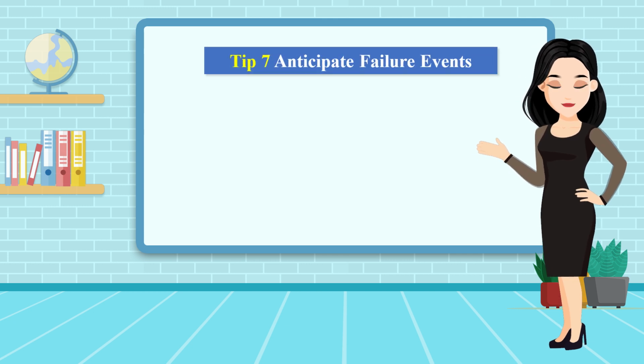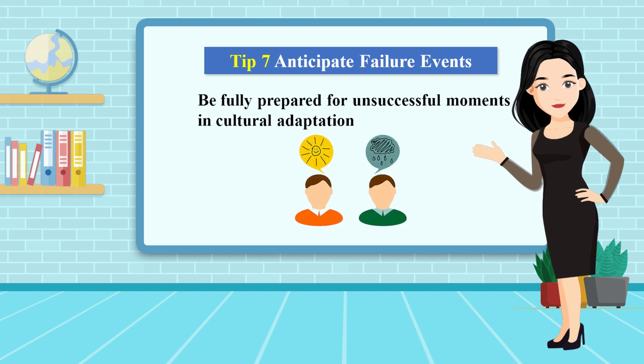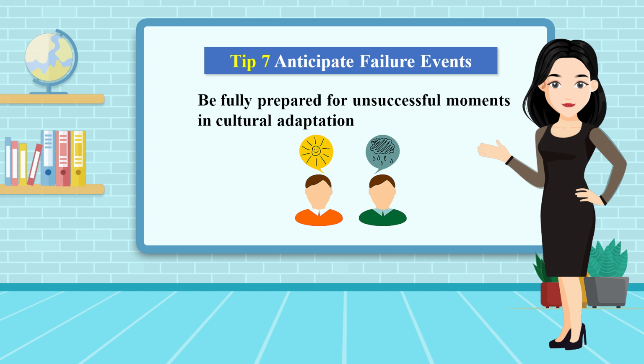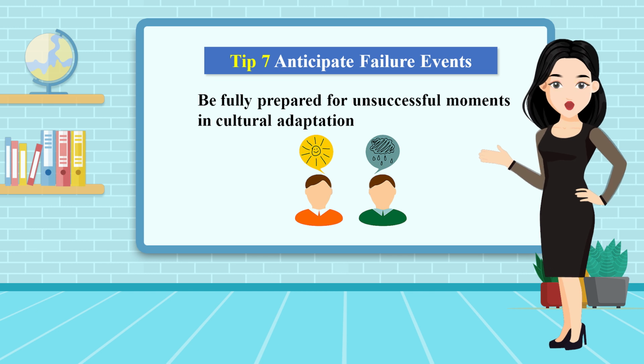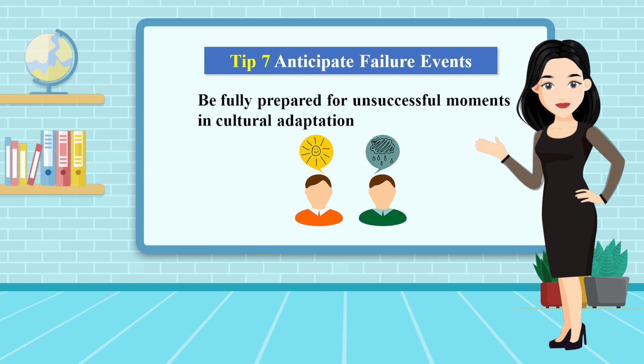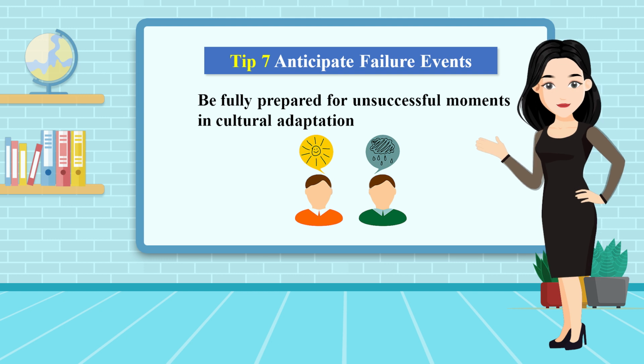Anticipate failure events. Finally, you have to be fully prepared for unsuccessful moments in cultural adaptation. Regardless of how hard you make efforts, there will be frustrations and depressions. Therefore, it would be better for us to anticipate failure events before we start.